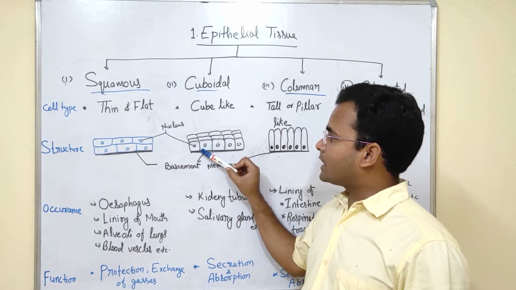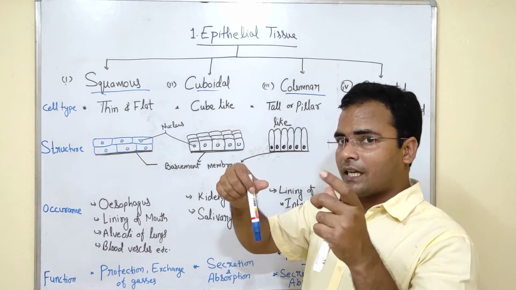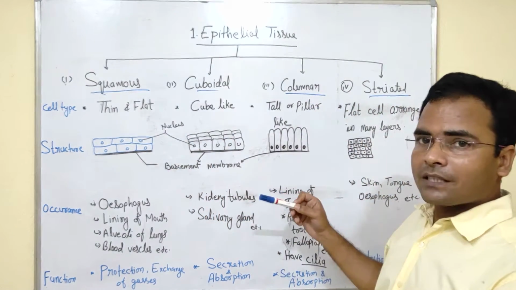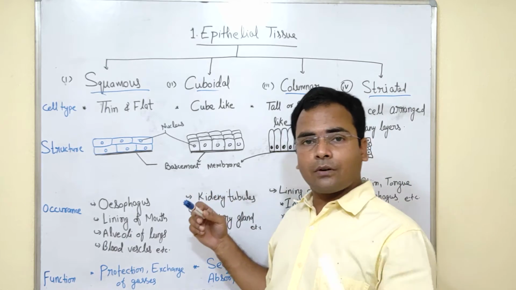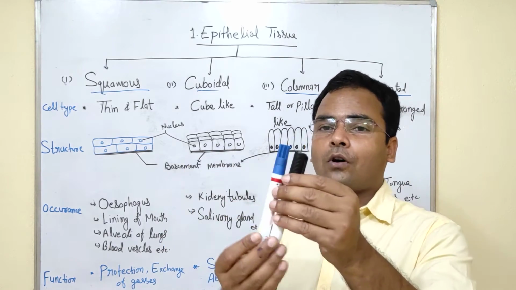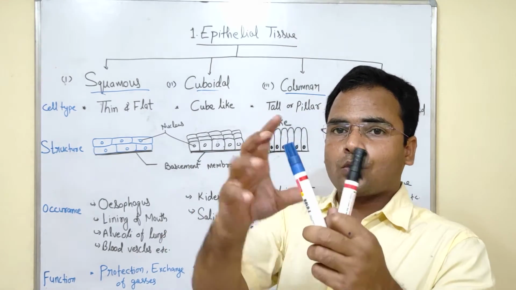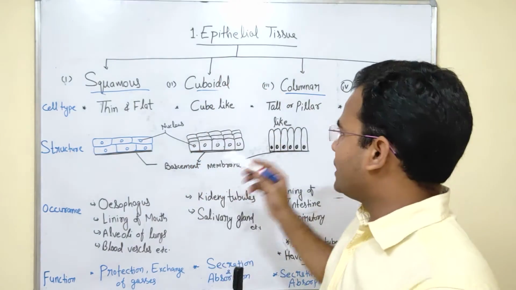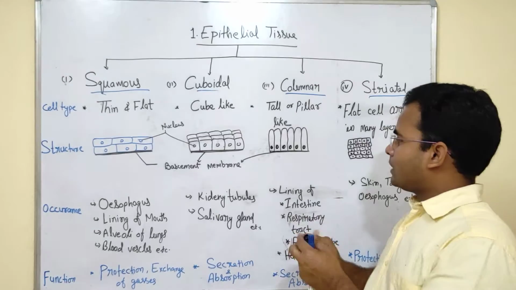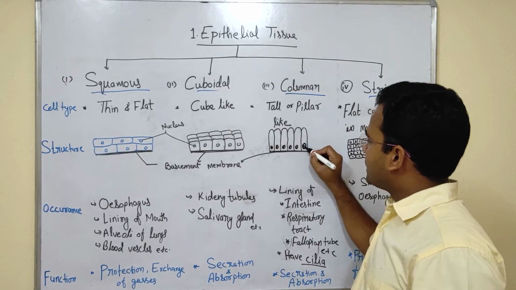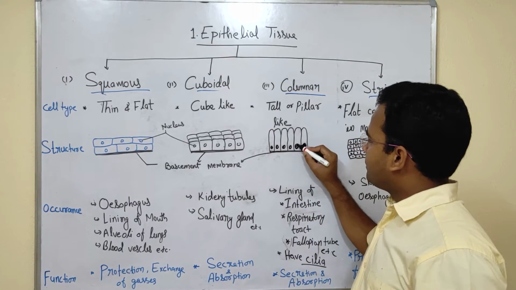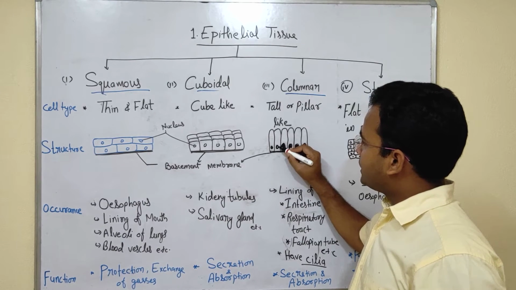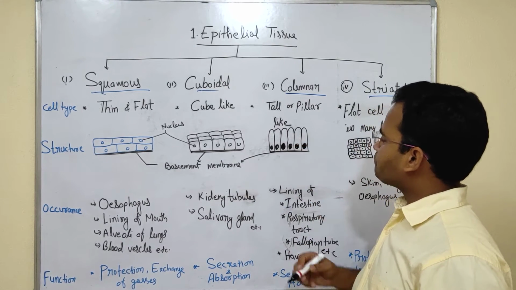The columnar tissues, clear from the name, are made up of column, pillar-like cells, long, thin and elongated. And here the remarkable major difference is that the nucleus will be present near the basement membrane of the cell. This makes it different from the other three.